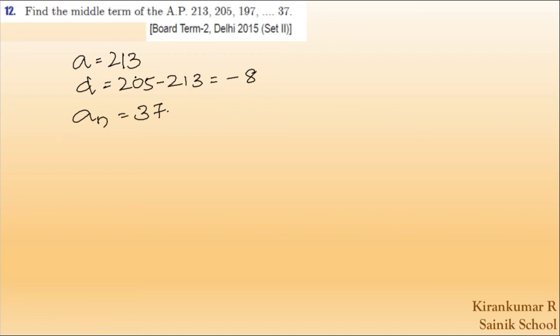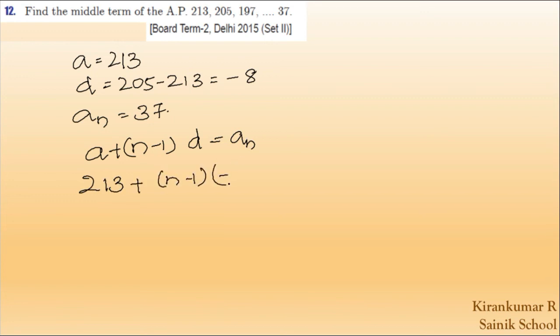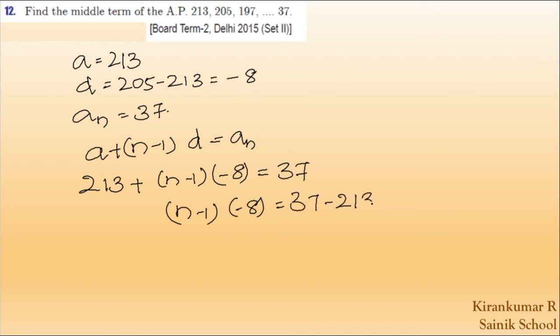Using the formula a plus (n minus 1) into d equals an, 213 plus (n minus 1) into minus 8 equals 37. So (n minus 1) into minus 8 equals 37 minus 213.